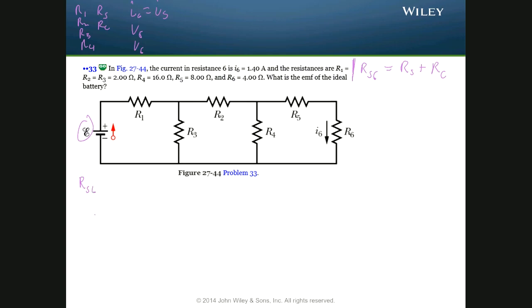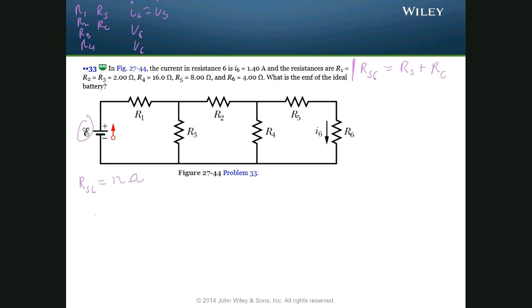R56 is going to be equal to 8 plus 4 is 12. Yes, that's the next step. I haven't gotten there yet, but that will be the next step. What we're going to find is, I'll show you.